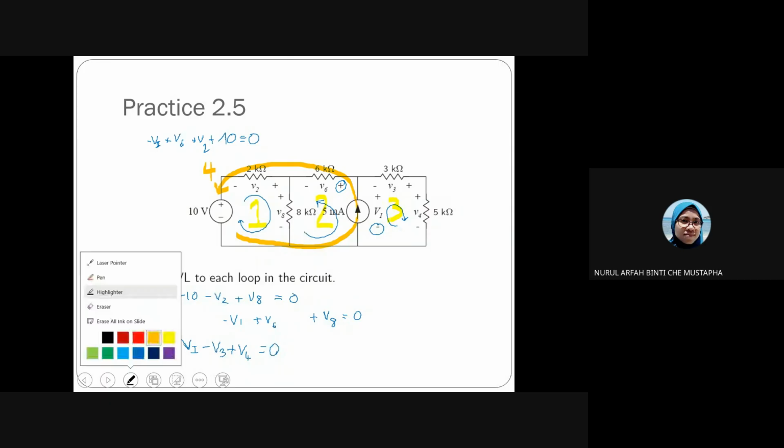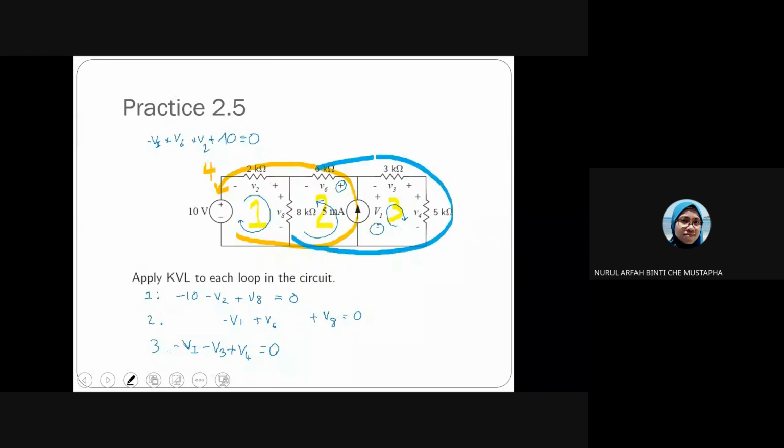5. Can you try? 5 here. And make it. So this is 5. And prepare number 6.